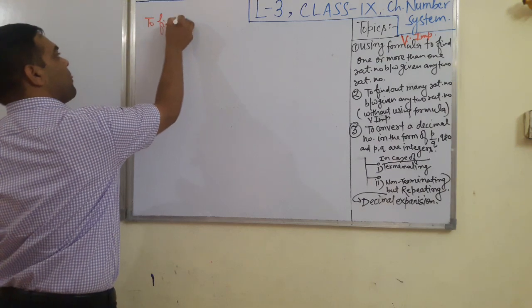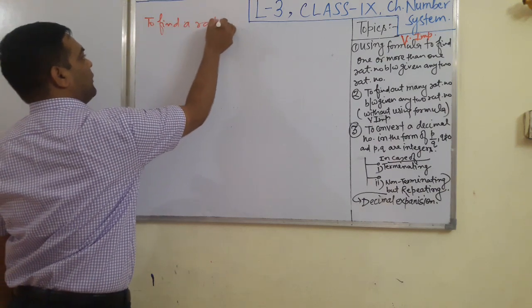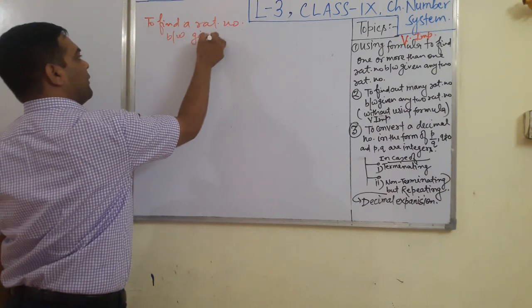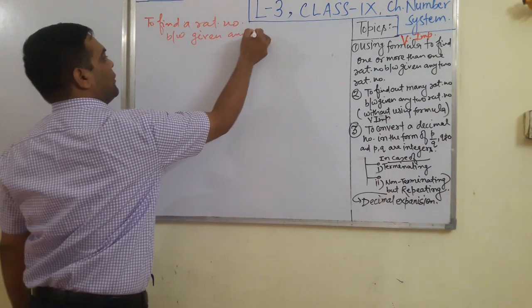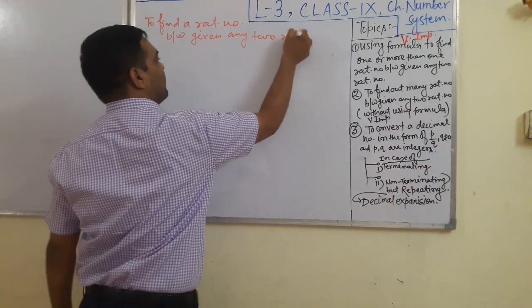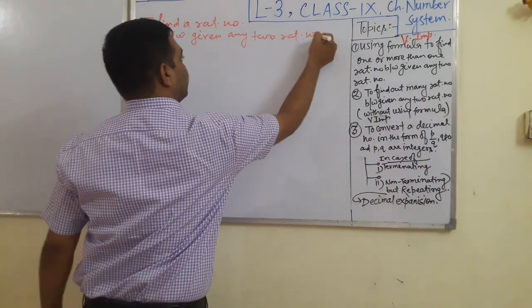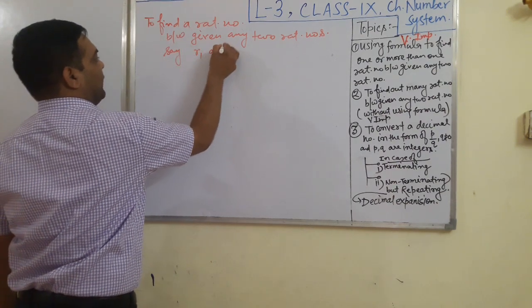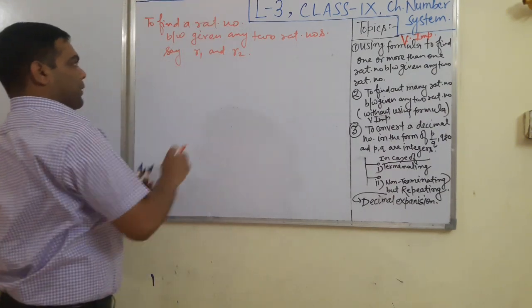To find a rational number between any two given rational numbers, say R1 and R2.